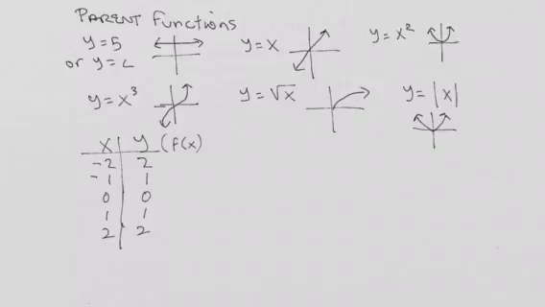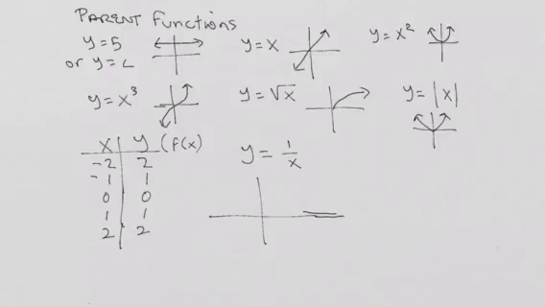So there are a whole bunch of parent functions. This is another one that shows up in this section. Y equals 1 over x. Well, what happens when I let x equal 10 or 100 or 1,000 or 1,000,000? Y gets smaller and smaller and smaller.